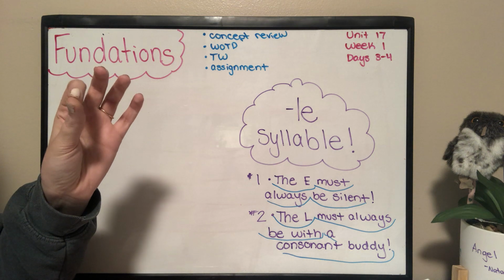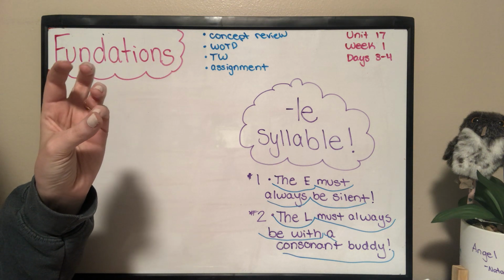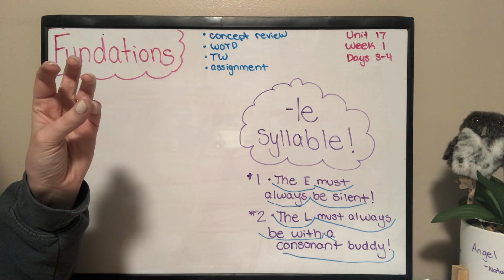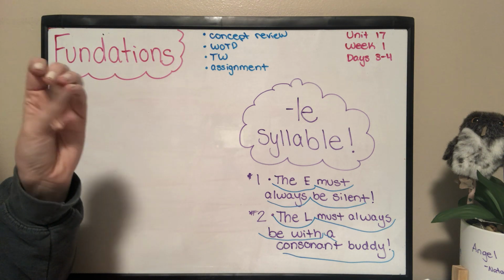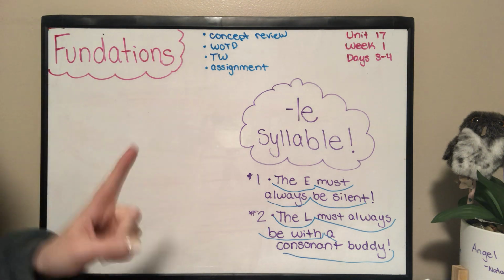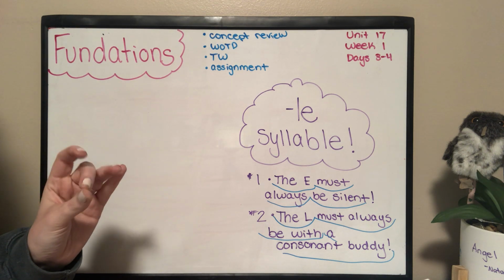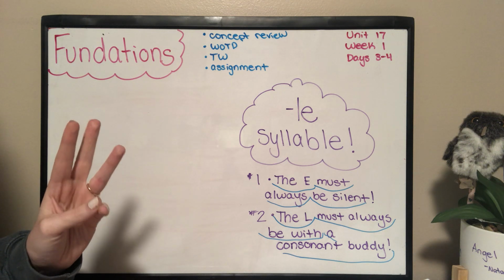P, E, B, B, L. Pebble, pebble. All right, let's do that first syllable really quick because it's closed and it's short, sweet. We know we got it. P, E, B. What are those 3 letters?